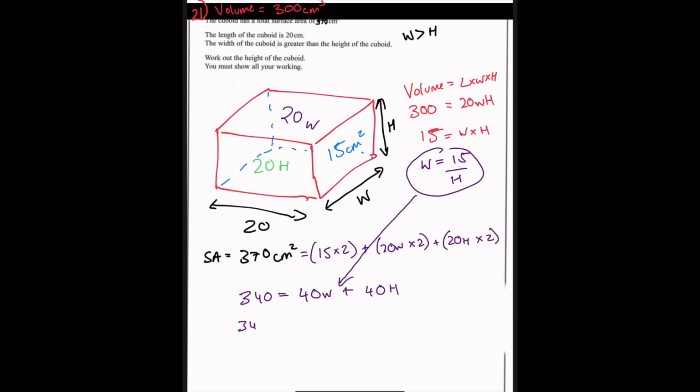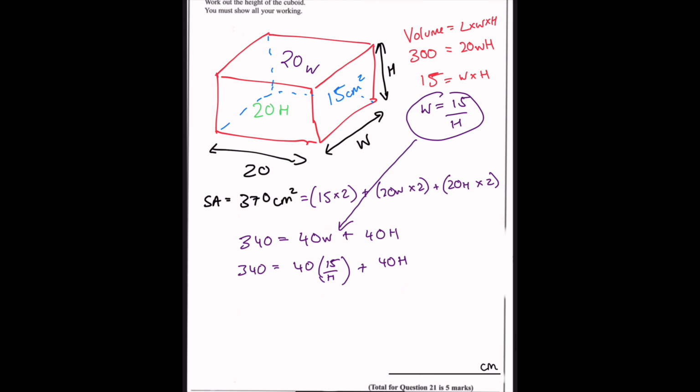So 340 equals 40 times 15 over the height plus 40 times the height. Okay, 40 times 15 gives me 600.